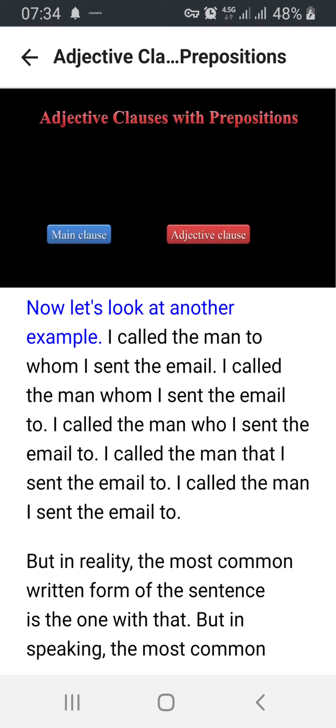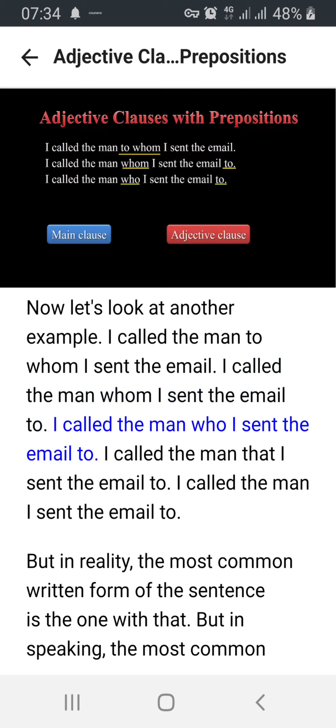Now let's look at another example. I called the man to whom I sent the email. I called the man whom I sent the email to. I called the man who I sent the email to. I called the man that I sent the email to.